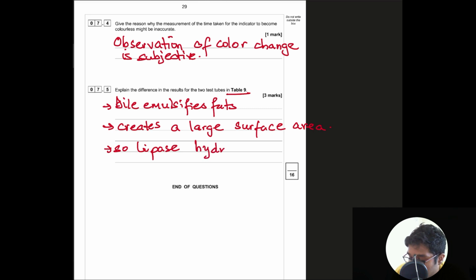Even though the mark scheme may say breakdown, I would suggest using hydrolyzes because for those who are taking biology at A level, they will lose marks when they say breaks down. So lipase hydrolyzes the fats into fatty acids more quickly.